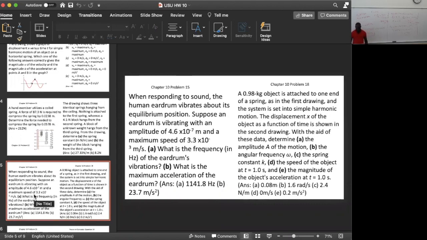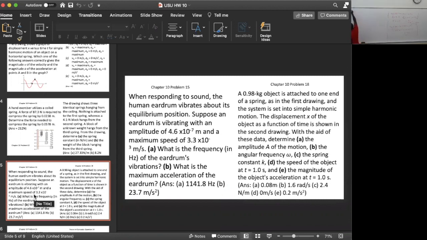So chapter 10, problem 15 says, when responding to sound, the human eardrum vibrates about its equilibrium position. Suppose an eardrum is vibrating with a given amplitude. I'm going to write down my variables really quick before I stop sharing so you can see the solution. I'm putting down the parameters given in the problem.